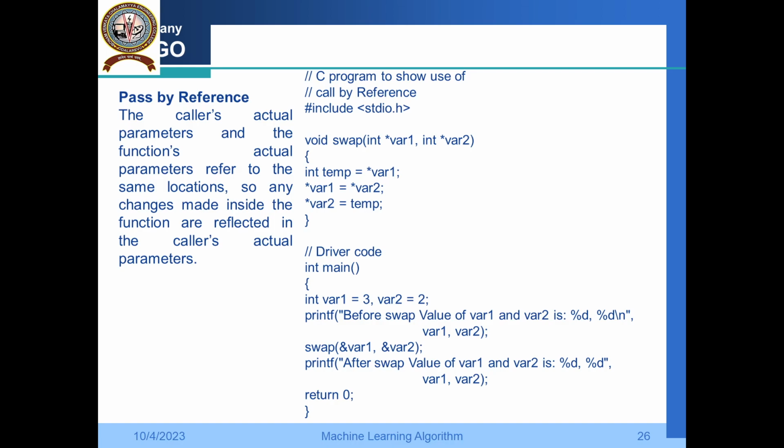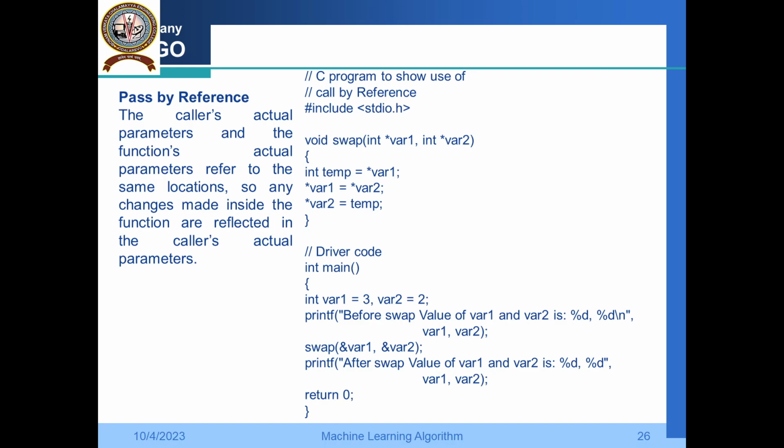See here. Here void swap, int pointer variable 1 and pointer variable 2. Int temp is equal to var1 and var1 is equal to var2 and var2 is equal to temp, like that. Now int main, int var1 is equal to 3 and var2 is equal to 2. Before it is like that, then swap &var1 and &var2.